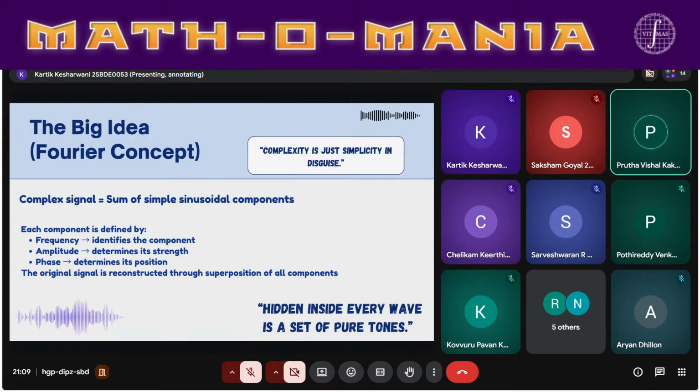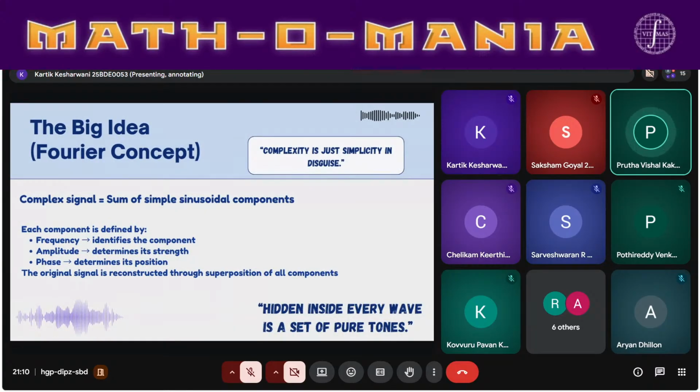But if someone analyzed it carefully and told you exactly what ingredients are present and in what quantity, you would get a much clearer understanding of what that smoothie actually contains. In the same way, a signal might look like one complicated waveform, but Fourier analysis reveals the ingredients inside it, the different sine and cosine waves that make it up.